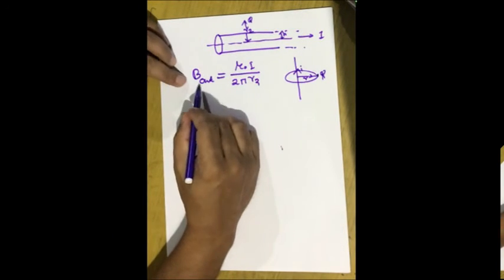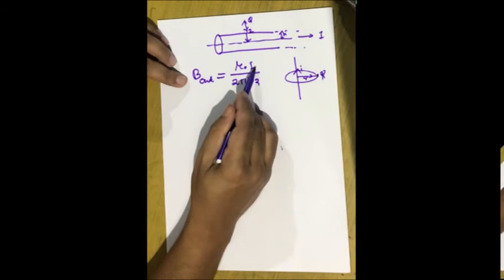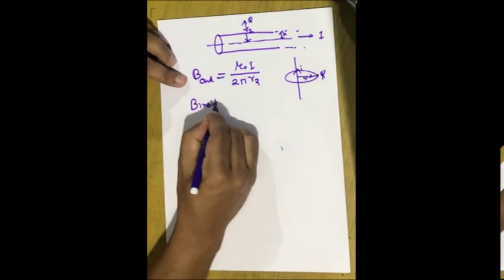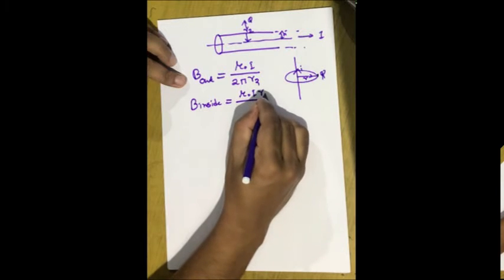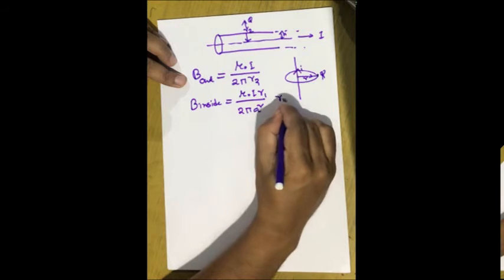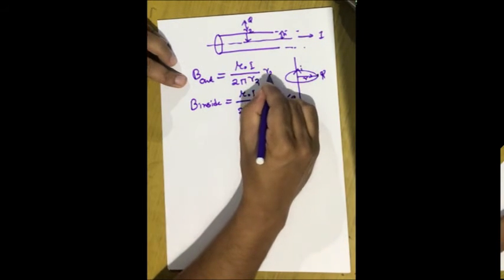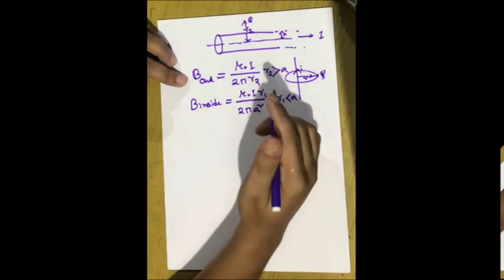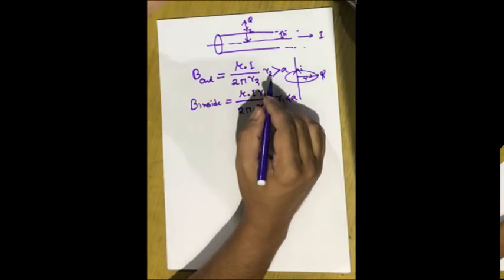And B inside we have found as mu naught I r1 divided by 2 pi a square, where r1 is less than a. That means r1 is inside the wire. Here r2 is greater than a, that means r2 is outside the wire, because its value is greater than the radius of the wire.